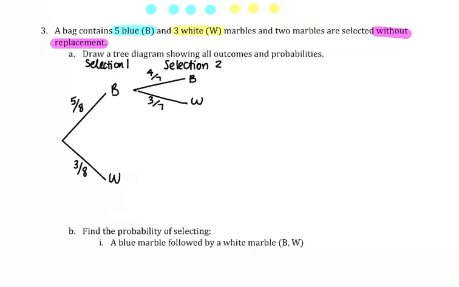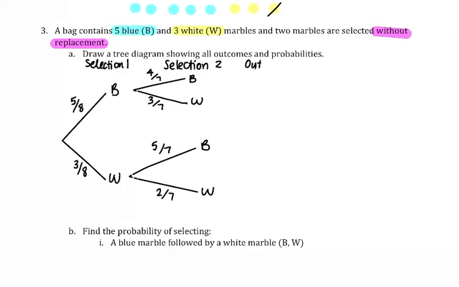If we have already chosen a white marble, then in our second selection we can choose either a blue or a white. Because we have already chosen a white, we only have 7 marbles left to choose from. 5 of them are still blue and only 2 of them are white.